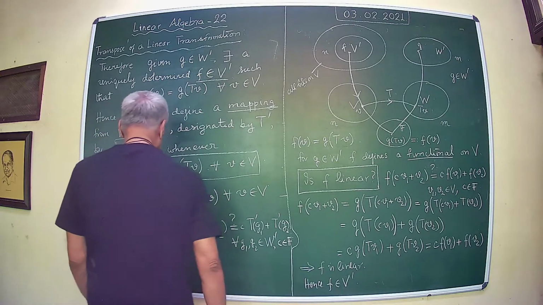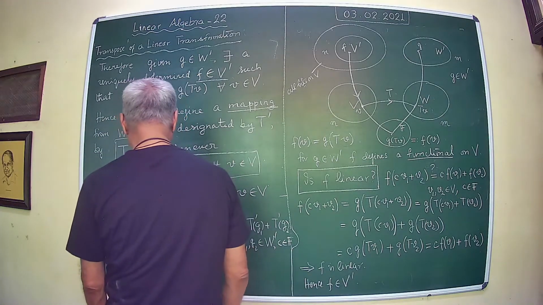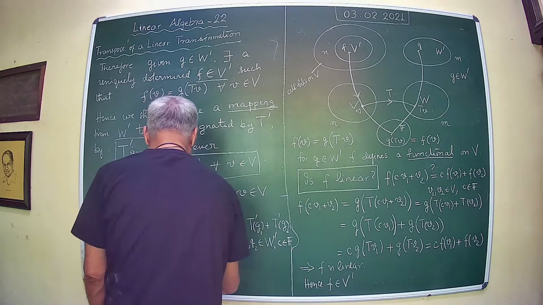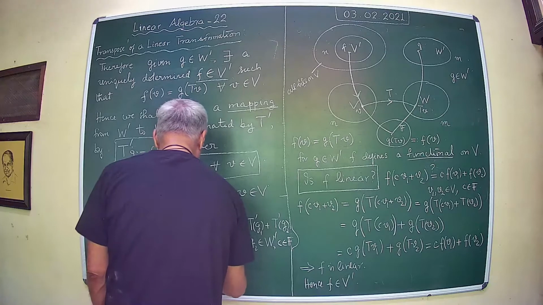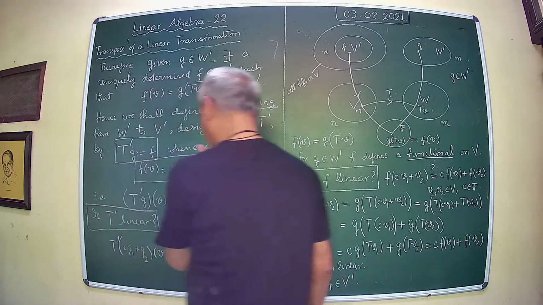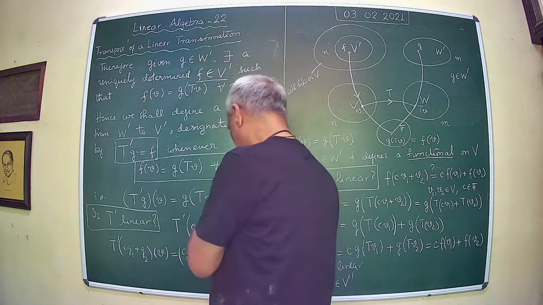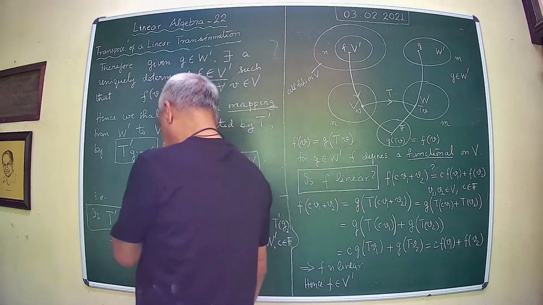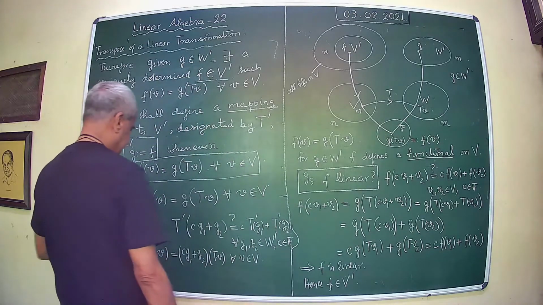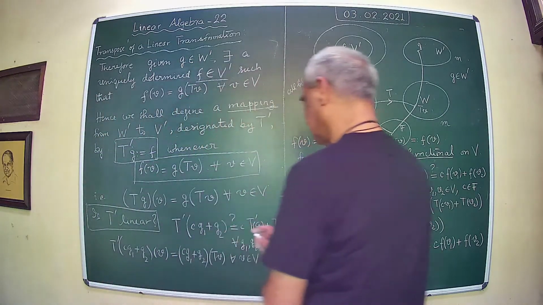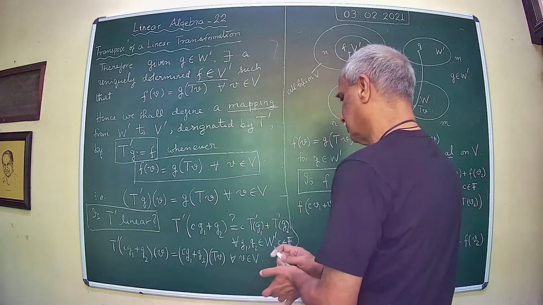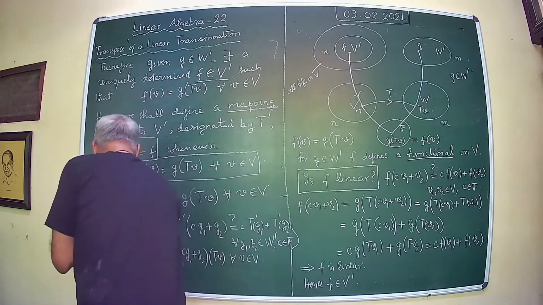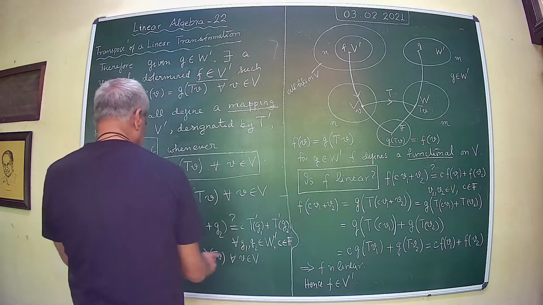This by definition is CG1 plus G2 of T. Now you apply linearity. Okay. What is this? This is equal to simply function property.